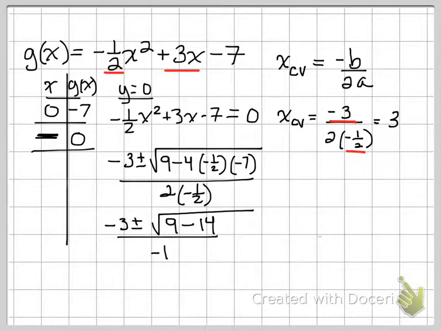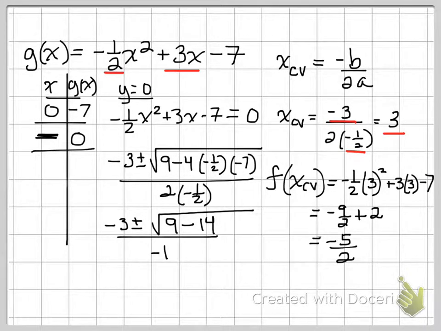So there's -b over 2a, and that comes out in this case to 3. And then the y-coordinate of the vertex is always simply this. If you look down to the right there, it's f of the x-coordinate of the vertex. So it just means once you find the x-coordinate of the vertex, plug it into the expression to find the y-coordinate.